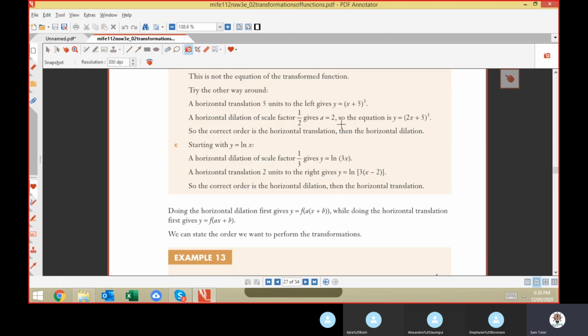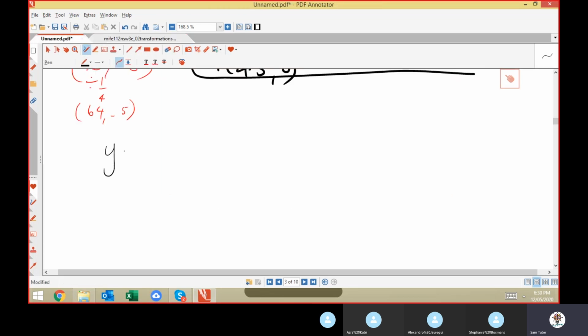So if I've got a function, what was it? ln x. f of kx only changes x's. So if I say minus 2, it becomes like this.